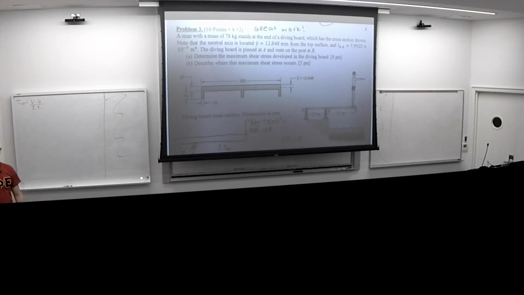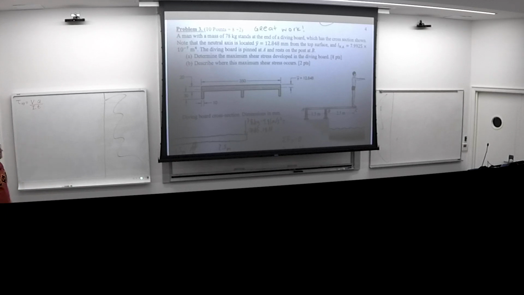That's your equation for this one. And similar to that, you're going to get your shear force value from your V diagram, and you're going to get your Q value, your I value, and your t value from the cross-sectional area.